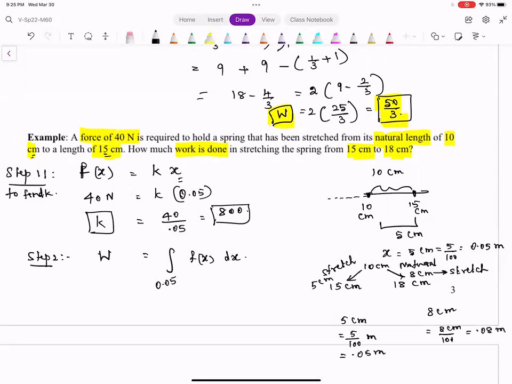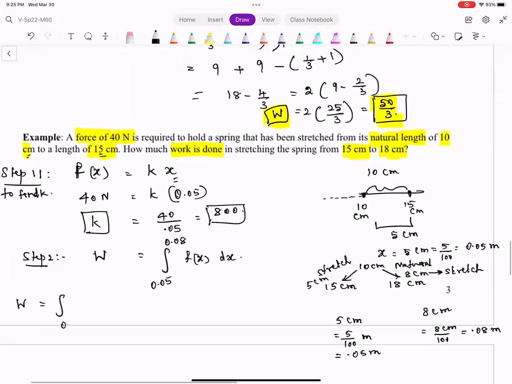So it's 0.05 to 0.08, f of x dx, which is integral 0.05 to 0.08. K is 800, so it's 800x, kx.